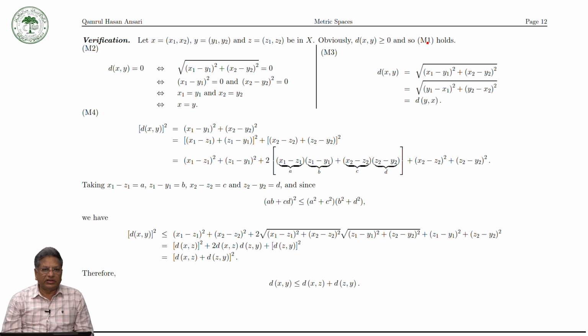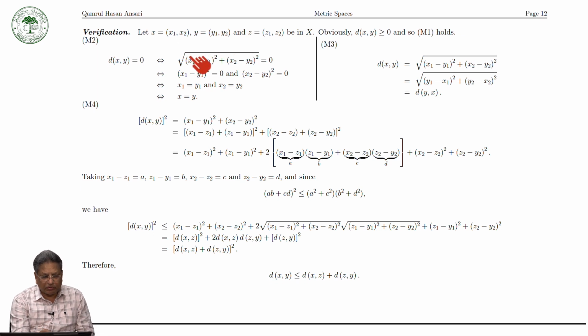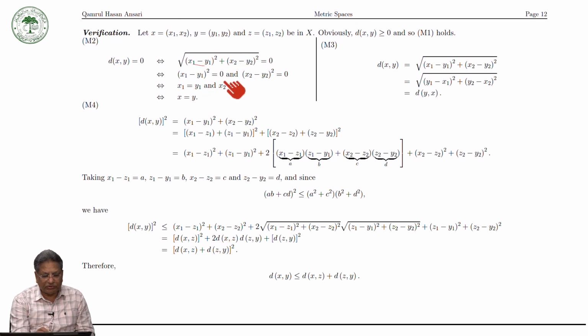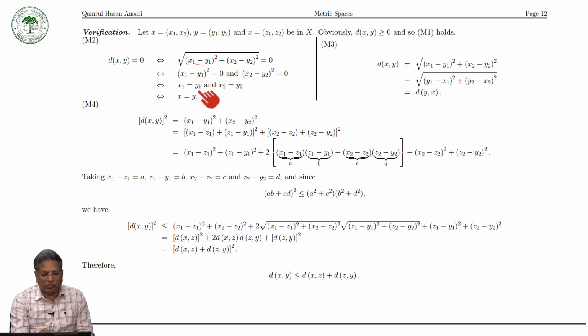Now see M2. d(x,y) is equal to 0 means that this square root is equal to 0, so the term inside must be equal to 0. Because here is a square and here is a square, both are equal to 0. It means that x1 must be equal to y1 and x2 must be equal to y2.